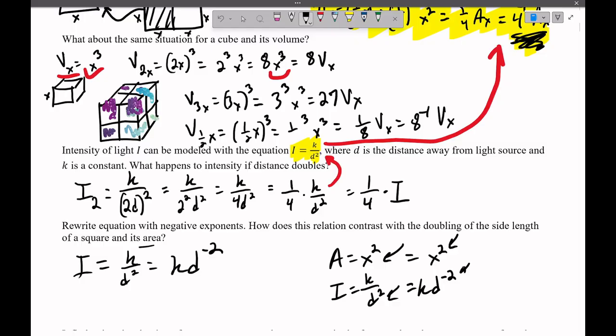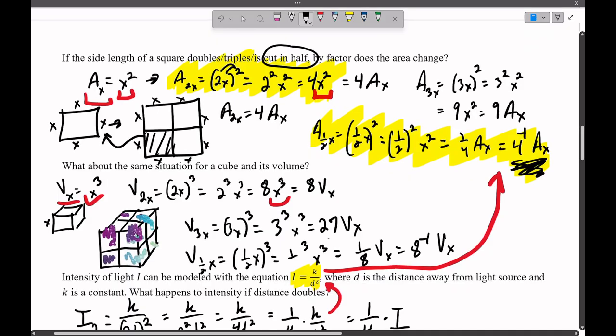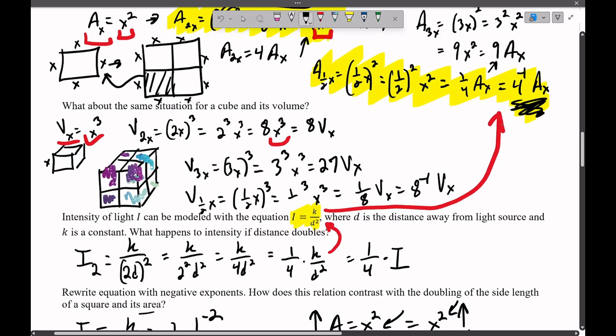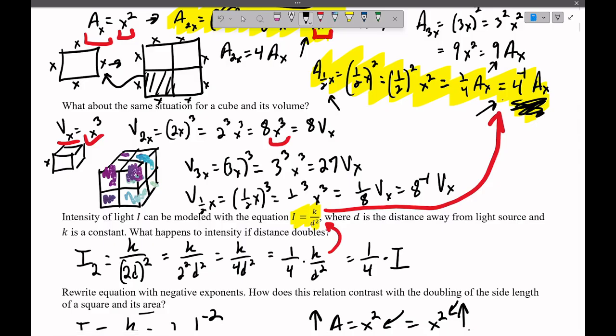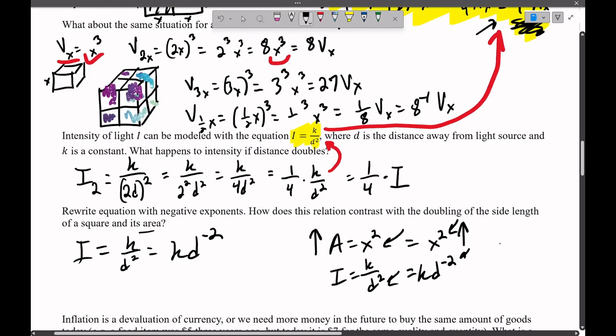X is positive, so when you increase x, it increases A. When d is increased, I is decreased. So if we increase x squared, we increase A. That's what we saw. When we doubled x, we got 4 times the amount, and when we tripled x, we got 9 times the amount. If we decreased x, then we decreased A, right? That's the same relationship. Instead of going up and up, you go down and down.